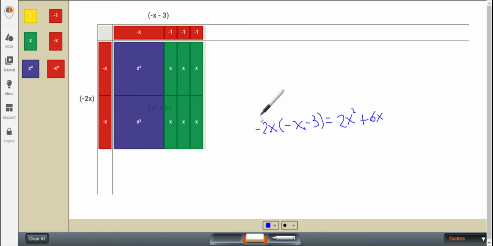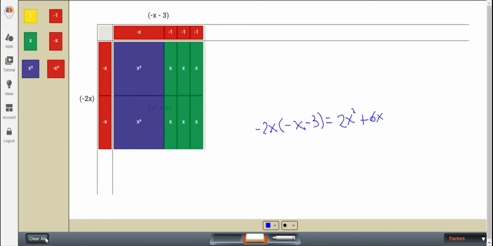And just like before, you'll see another methodology called foiling, distributive property. I like this one, and I hope you find it very friendly because we can see how we're building the rectangle. And we can also replicate this idea just without the tiles.